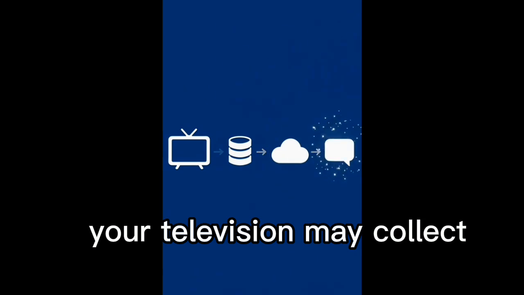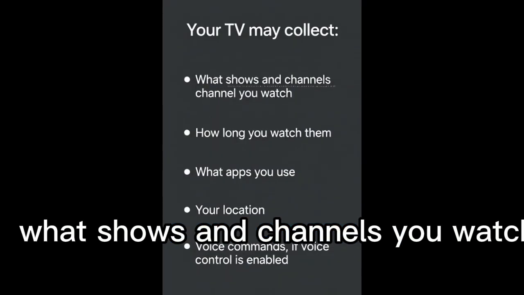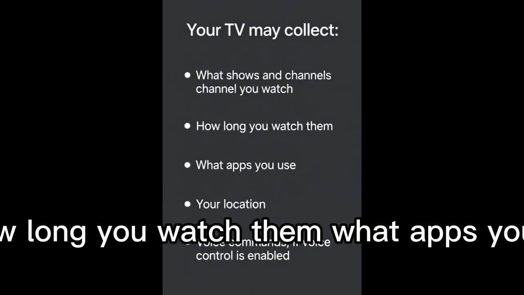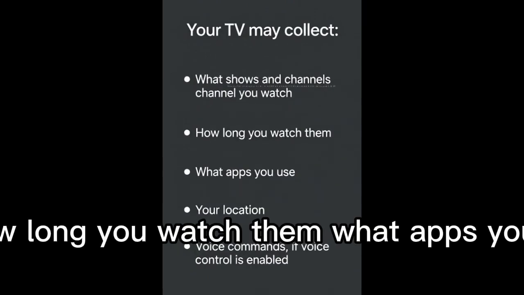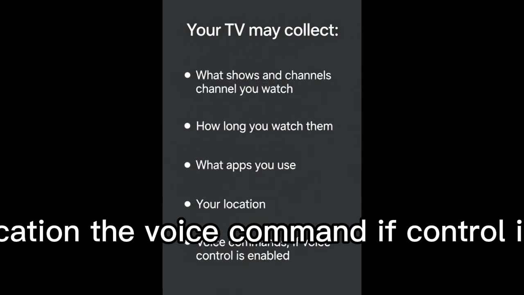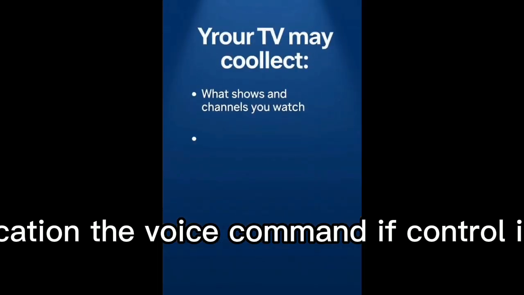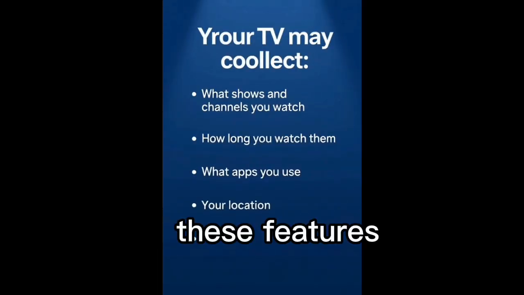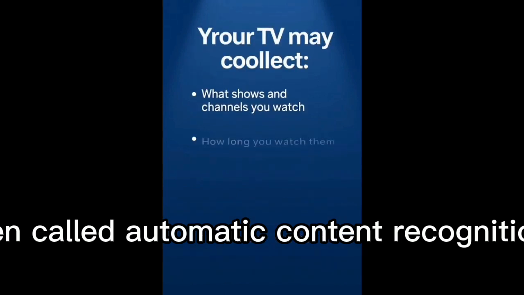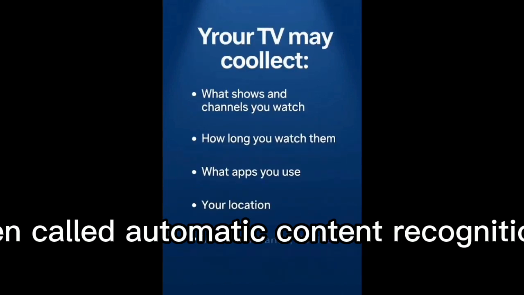Your television may collect what shows and channels you watch, how long you watch them, what apps you use, your location, and voice commands if control is enabled. These features are often called automatic content recognition, or ACR.